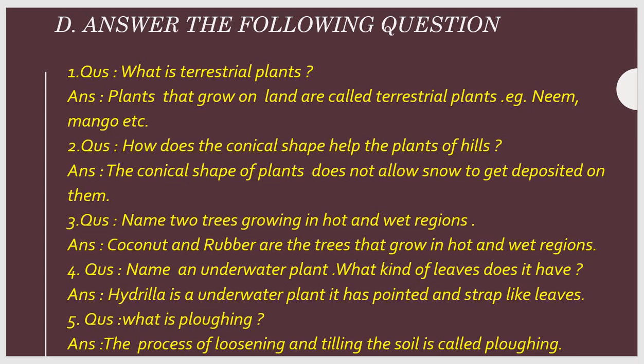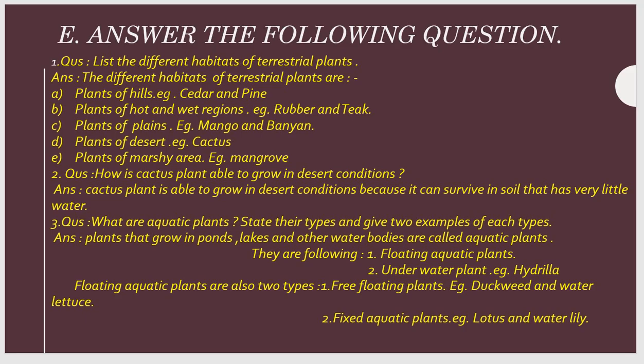Next, question number E. List the different habitats of terrestrial plants. The different habitats of terrestrial plants are: first, plants of hills, example cedar and pine. Plants of hot and wet regions, example rubber and teak.